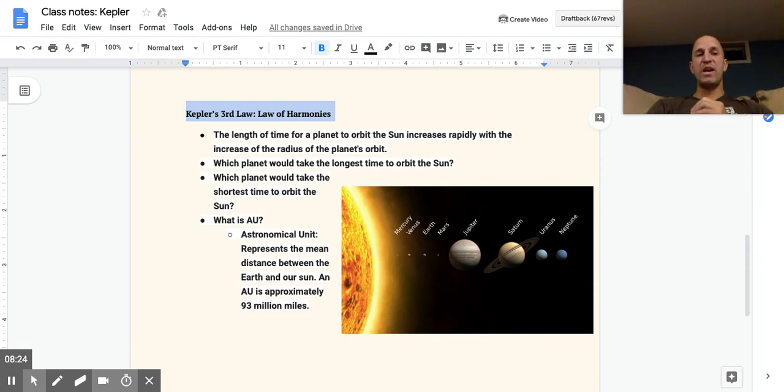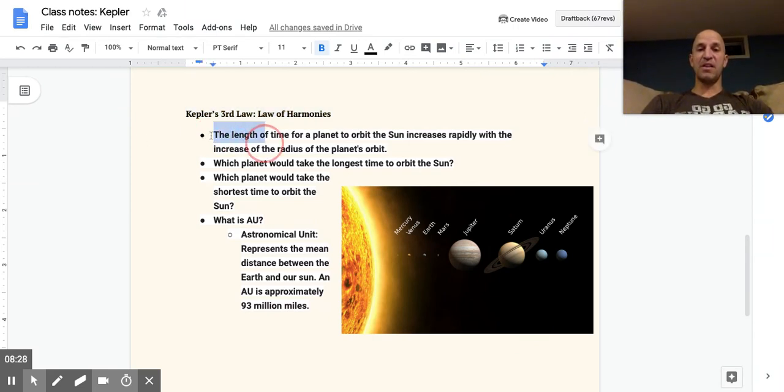What we need to know for our class is the length of time for a planet to orbit the sun increases rapidly with the increase of the radius of the planet's orbit. So, very simple. The further away from the sun, the longer the orbit of that planet. The longer the orbit of the planet, the longer an Earth year would be on that planet.